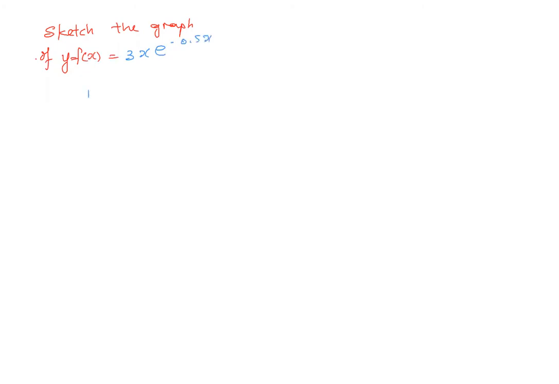So now we know that this graph has a turning point here, 2, and here is 6 over e. Am I right? And there is a special point at x equal to 4 somewhere. So when x equal to 4, y is somewhere here. Okay, so we have that.